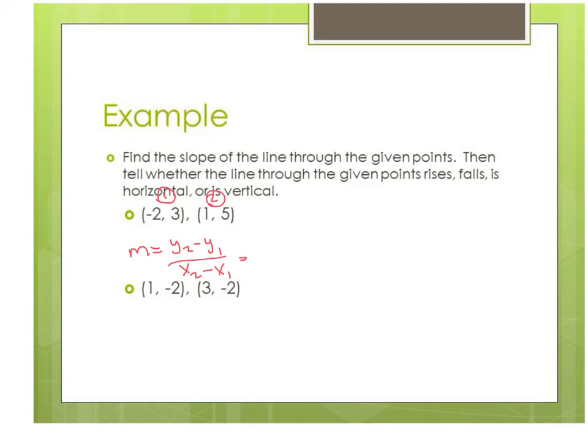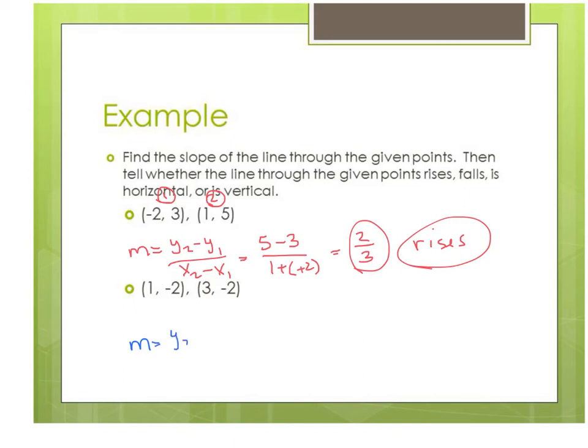We're looking at 5 minus 3 over 1 minus a -2, which is going to give us 2/3. And it's positive, and so positive slope rises. Okay, so those are the two things we're looking for there. And by the way, if you do not have your slope formula memorized, my suggestion would be continue to write it on every problem. I think writing it is the fastest way to remember it.